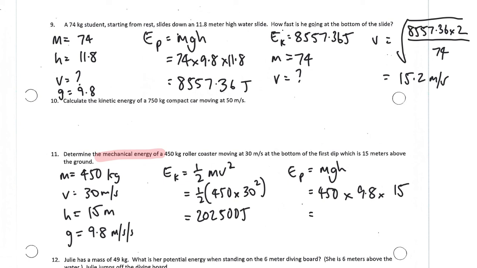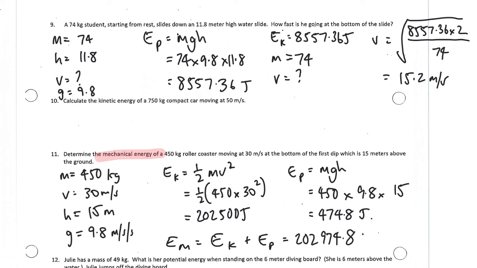So 450 times 9.8 times 15 is 66,150 joules. Then the total mechanical energy is equal to the EK plus the EP, and that'll be equal to 202,974.8 joules. Right. So that's that.